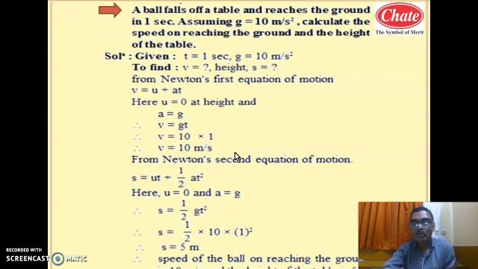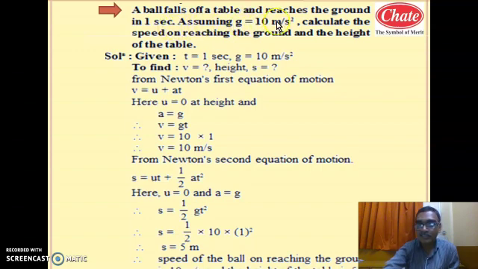Let us see one more question on this free fall condition. A ball falls off a table, that is, a ball is falling from a table. It is a free fall condition and reaches the ground in 1 second.